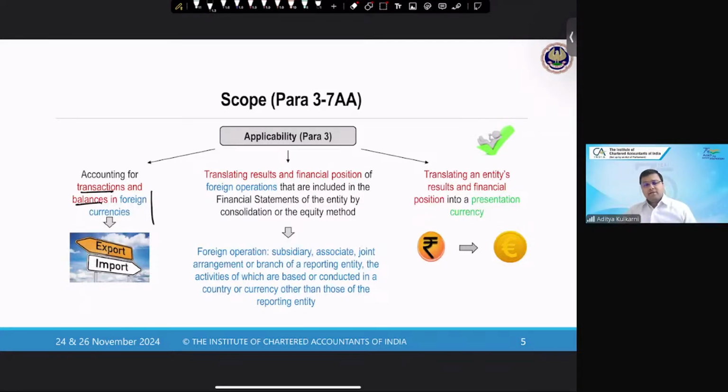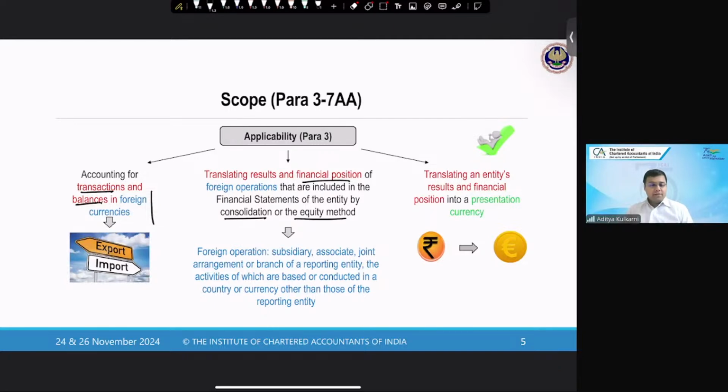Coming to translating results and financial position of foreign operations, like inventory, property, plant, equipment, and the operations in foreign countries. These have to be included in the financial statements of the entity, either through consolidation or under the equity method. So what do I mean by foreign operation?